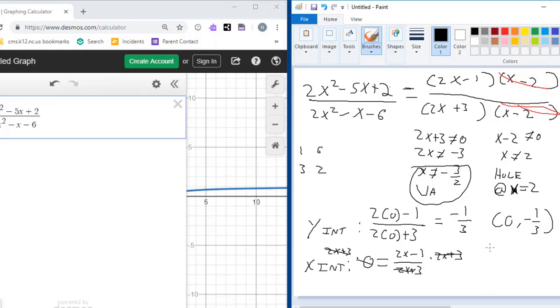So I still have 0 equals 2x minus 1. Add 1 to each side: 1 is equal to 2x. Divide each side by 2. x is equal to 1/2, and my x-intercept is (1/2, 0).